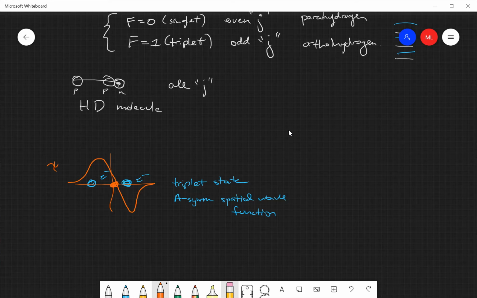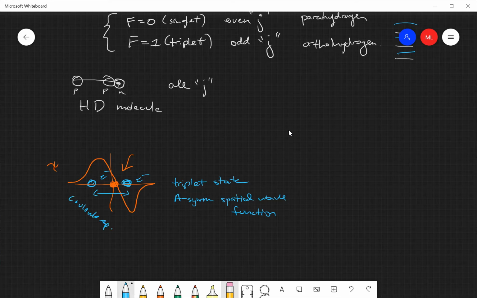And that means there's very little probability of finding the electrons here between them. And so the anti-symmetric shape kind of minimizes, and of course these electrons repel each other, there's a Coulomb repulsion.